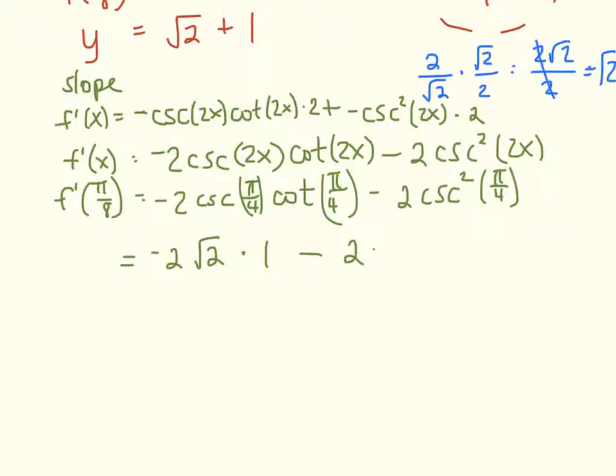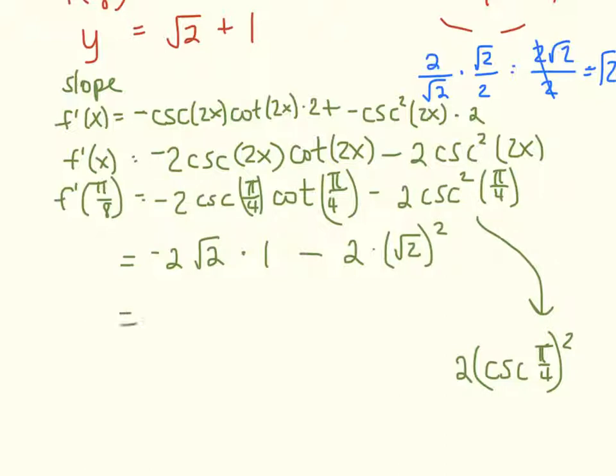So this here, I'm just going to go down here. This is really saying 2 times the cosecant of pi over 4 squared. So you're taking the cosecant of pi over 4, you're squaring it, and you're multiplying it times 2. That's what this is communicating. Cosecant of pi over 4, remember, was radical 2, and then we're squaring it.